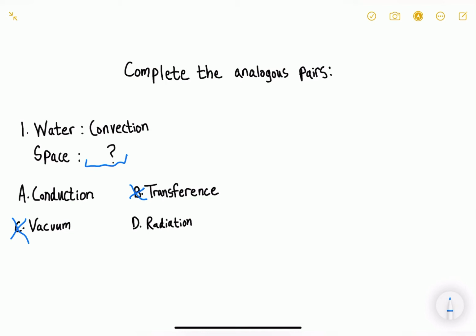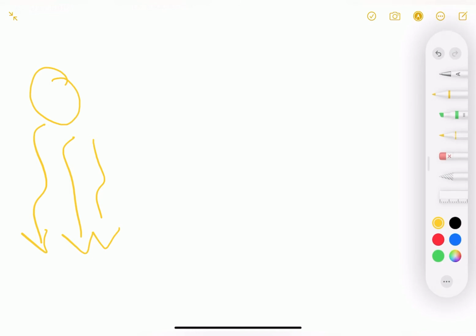I want to depict the meaning of convection, conduction, and radiation through drawing. So we know that the sun projects radiation when it heats the ground. So we said that radiation occurs when the sun heats the ground. So this is radiation.